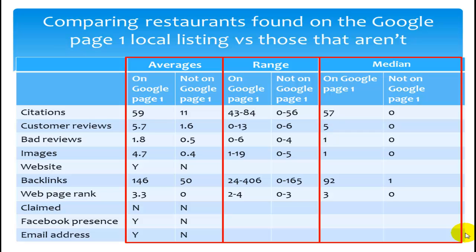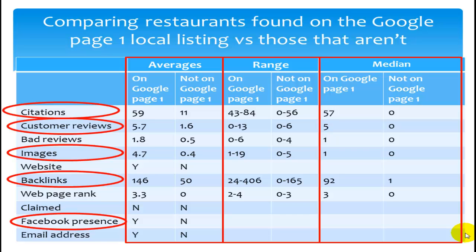And it's interesting that both for those 7 and the remaining 49, in general claiming has not occurred. Facebook presence is important. You'll see that in general those 7 did have a Facebook presence, whereas that's not the case with the others. And email address, again, they had their email address versus those that the remaining restaurants didn't.